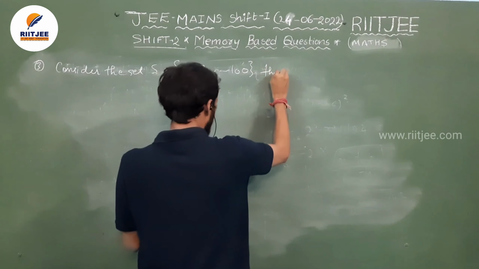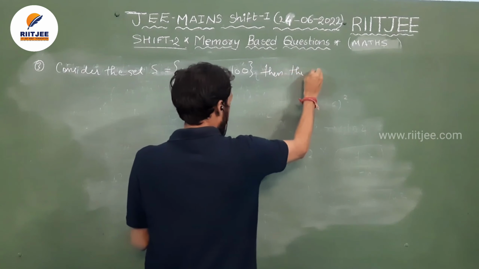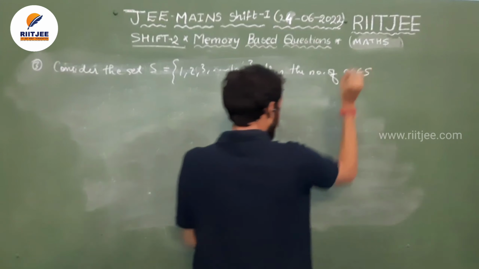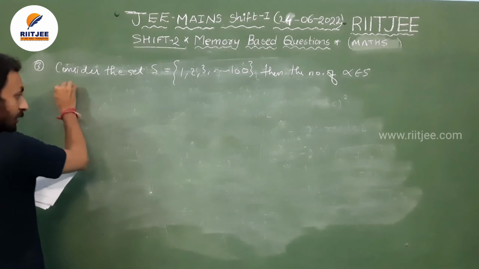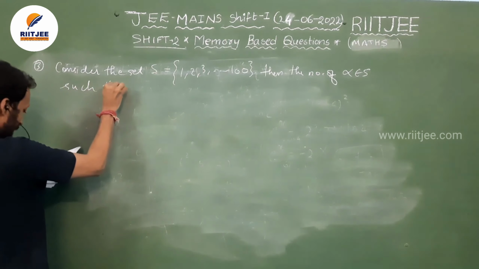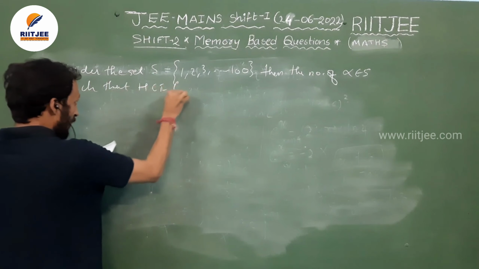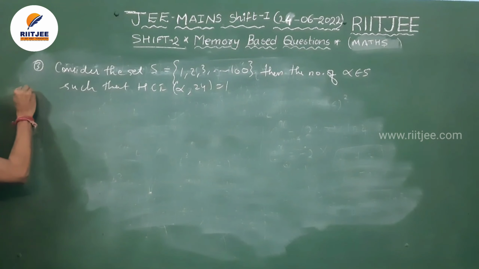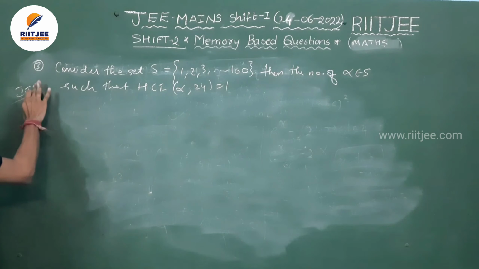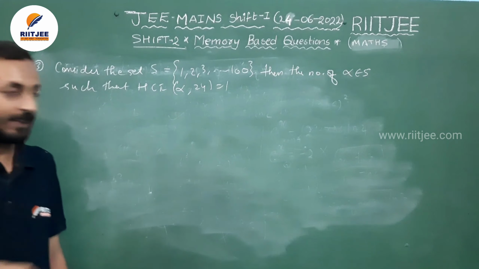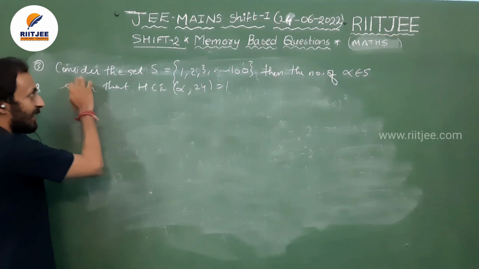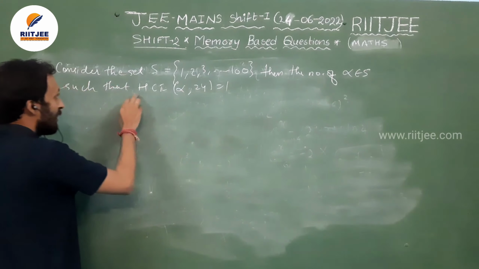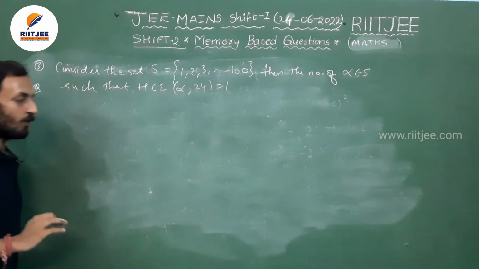Then the number of alpha belonging to S such that HCF of alpha and 24 is equal to 1. Now this is the integer type question we have got from the students. This is the integer type question from set theory: consider the set S from 1 to 100, then the number of alpha such that HCF of alpha and 24 is equal to 1.